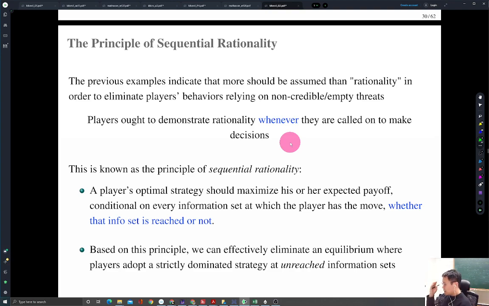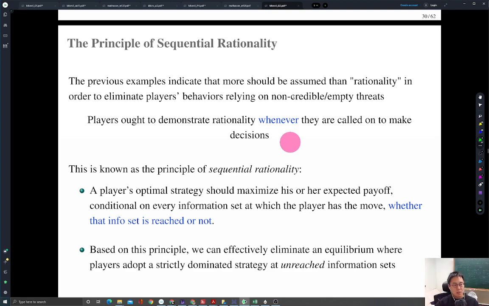All right, so from the 2 previous examples, what we can learn is that Nash equilibrium requires Bayesian rationality and correct conjecture about the opponent's behavior. But with rationality alone, we can't eliminate the play based on empty threat.